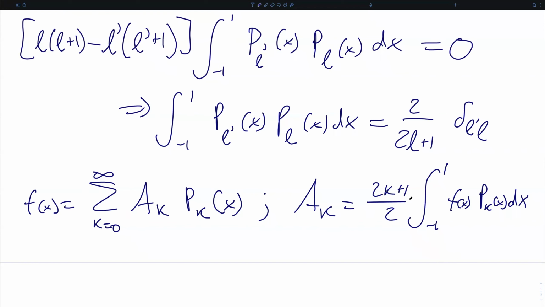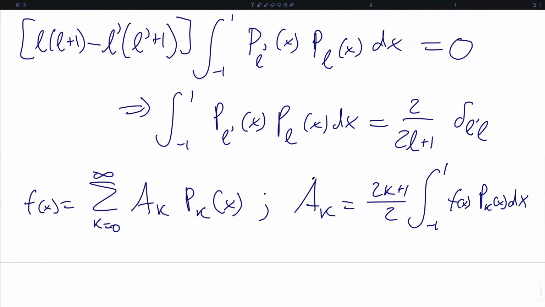Each a sub k is 2k plus 1 over 2 times the integral from -1 to 1 of the function f of x multiplied by the kth Legendre polynomial. This is very similar to, for example, the Fourier basis, but is a different basis set and is on a limited domain rather than the fully infinite domain.